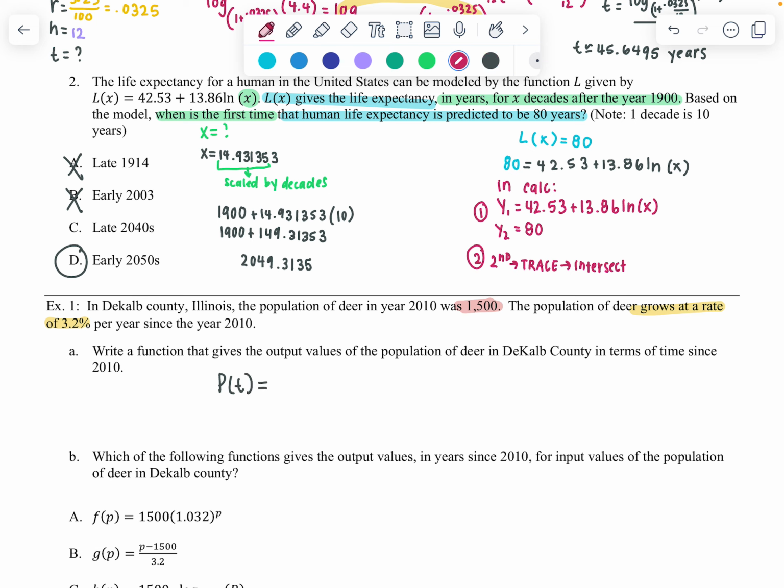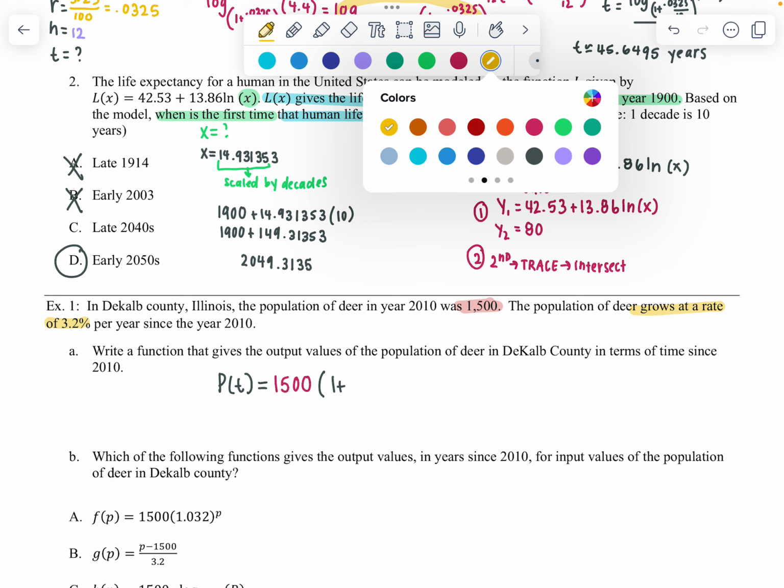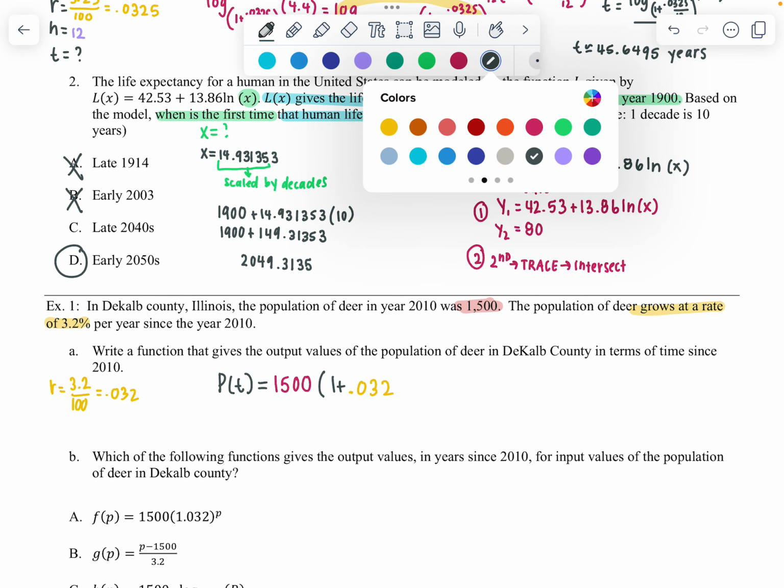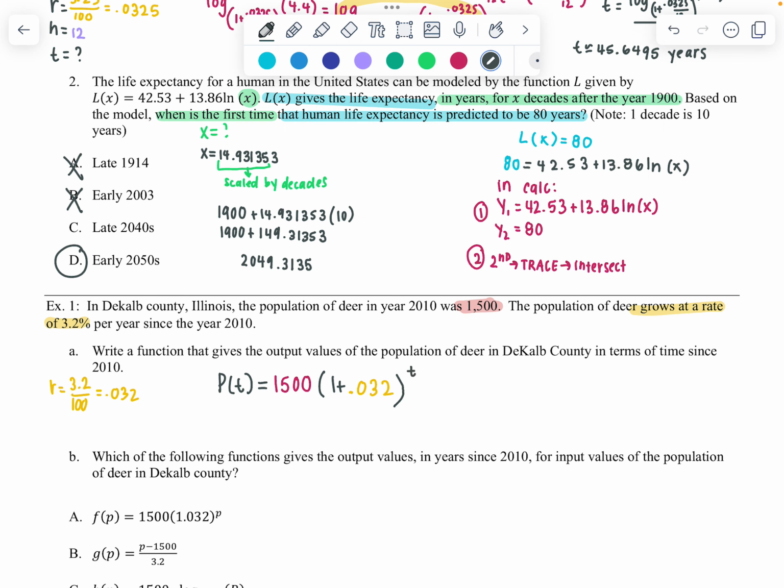The initial population in 2010 was 1,500. We know that it's going to be increasing, so 1 plus our rate, which is 3.2 divided by 100, to the power of some unknown time. So we're not really sure.